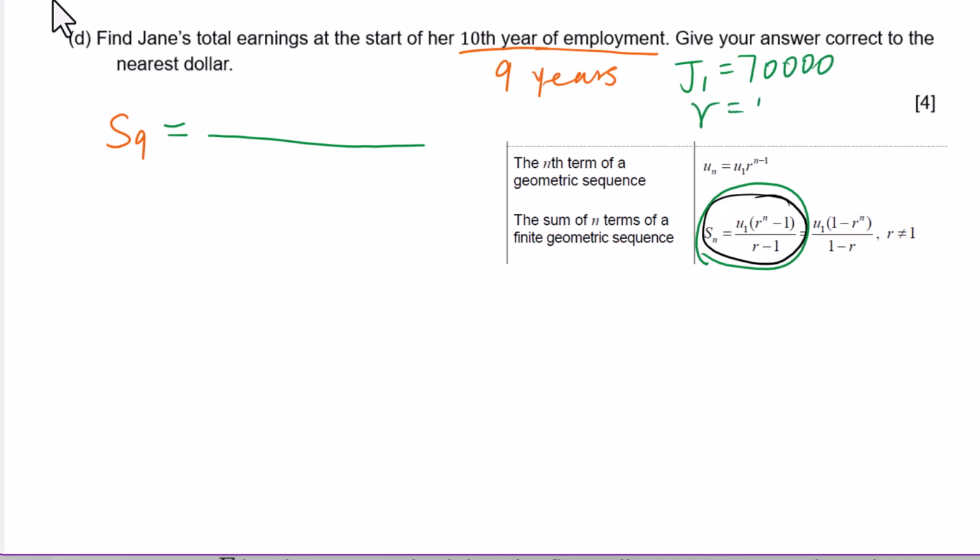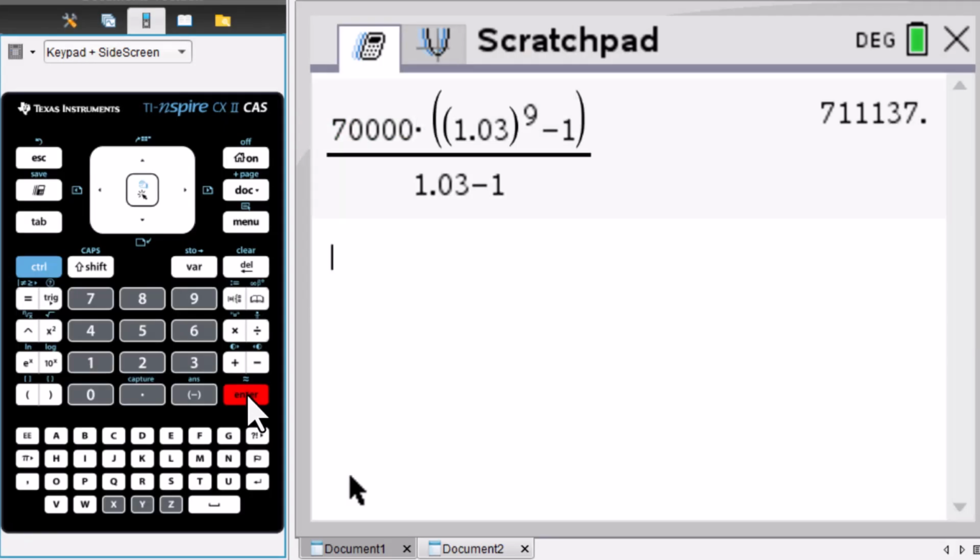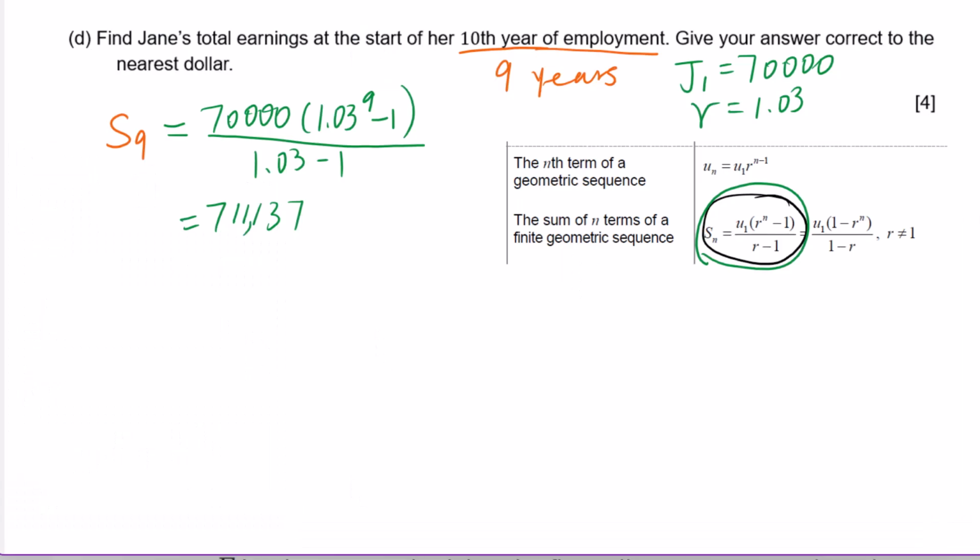R equals 1.03. $70,000 times 1.03 to the 9th power minus 1 over 1.03 minus 1. Go to calculator, enter. $711,137.